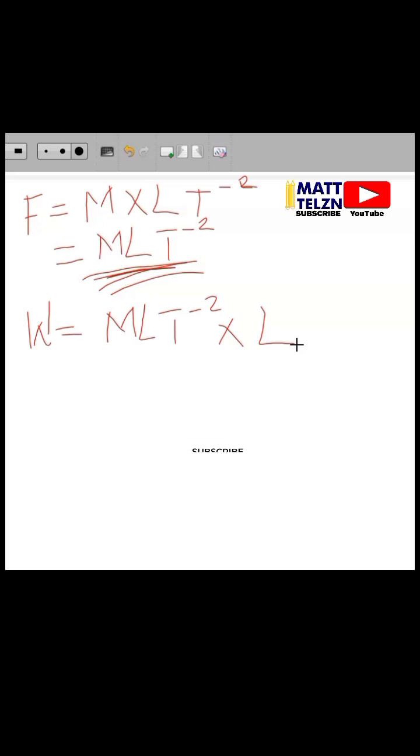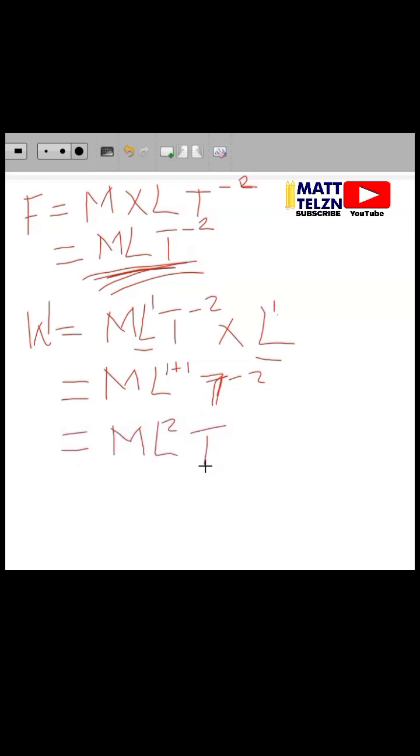So you notice that I have L here, I have L here, and they have an invisible 1, according to the law of indices. So my dimension for work done, I'm going to have M L to the 1 plus 1. I will add this 1, all right, then T to the minus 2. So what I'm going to have is M L square T to the minus 2. So this is the dimension of work done.